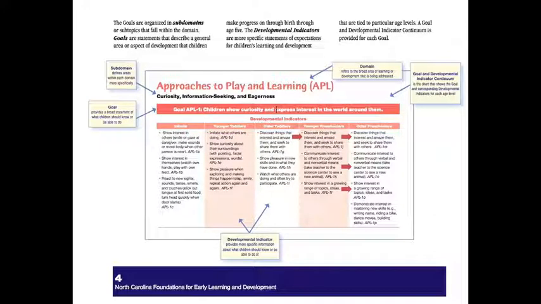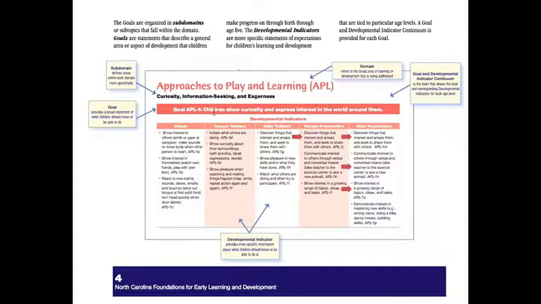At the beginning of each section, you'll find a domain introduction that describes some of the most important ideas related to the domain. The introduction is followed by the goal and developmental indicators continuum. And the goals are organized into subdomains or topics that fall within the domain.